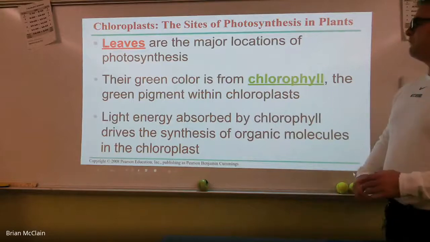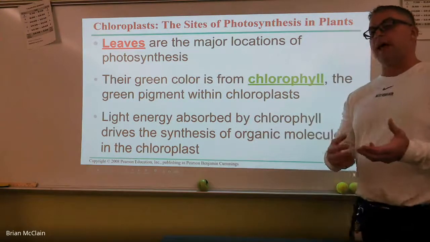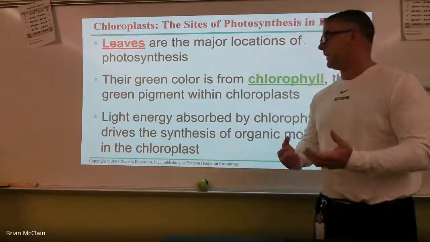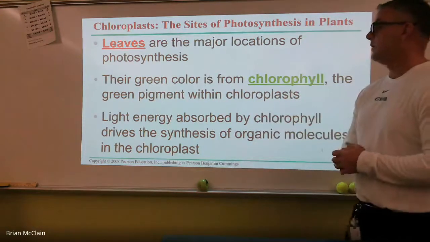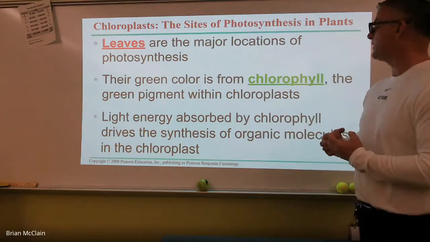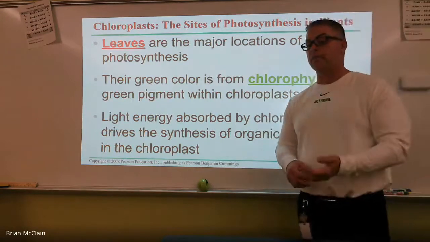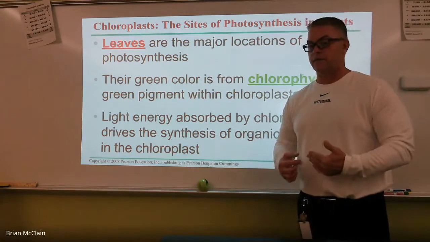So what we find is that light energy coming down and being exposed to our leaf structures is going to be absorbed in the chloroplast by the chemicals of chlorophyll, as well as some other pigments, which are referred to as accessory pigments.